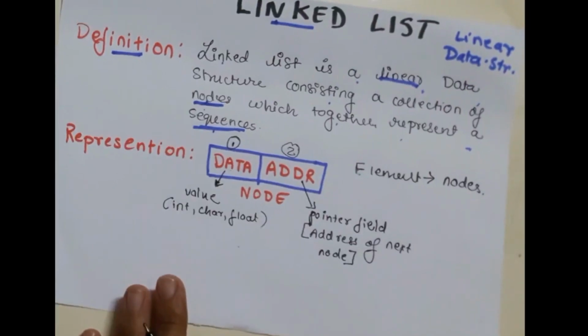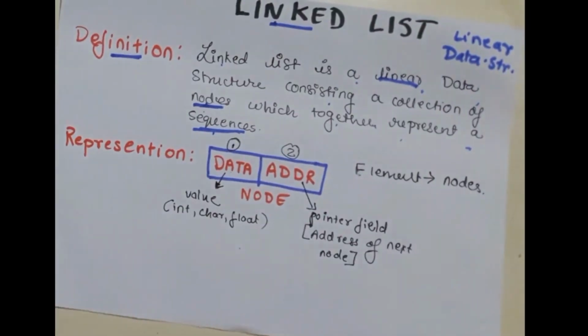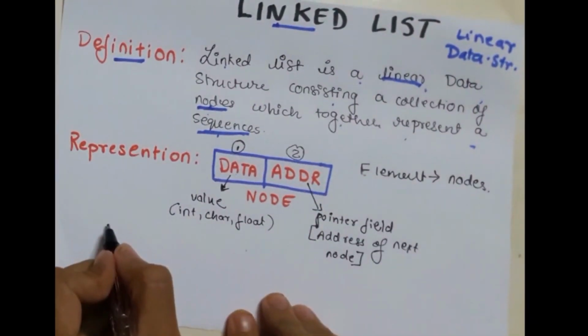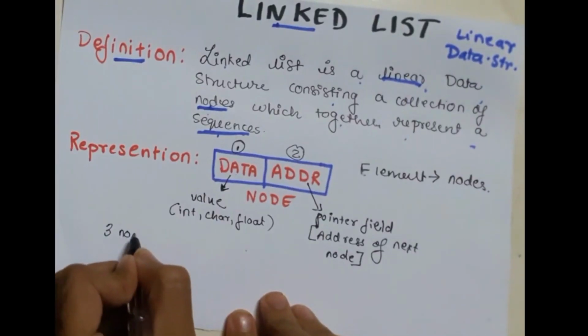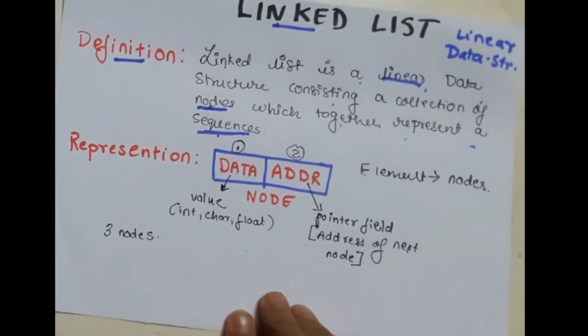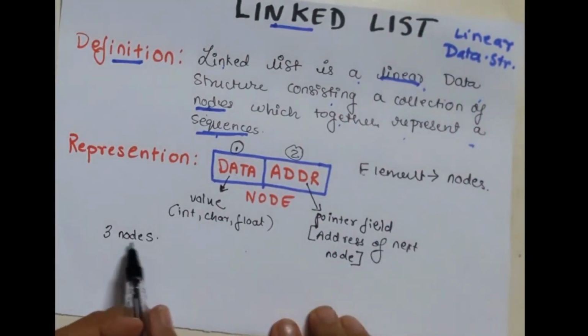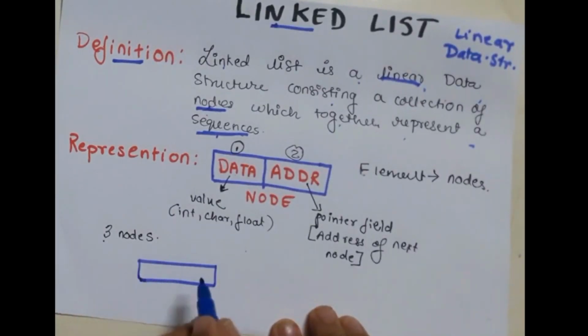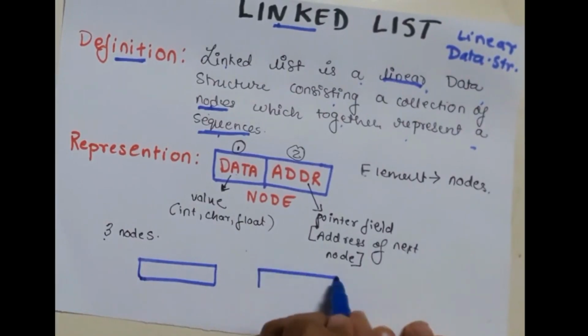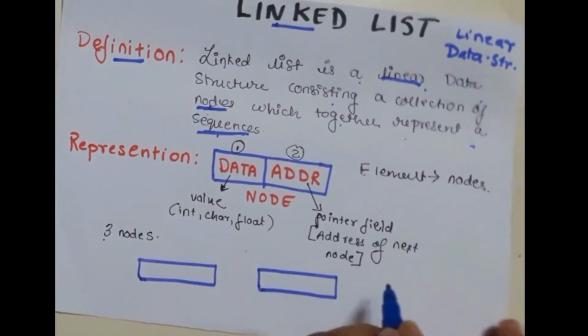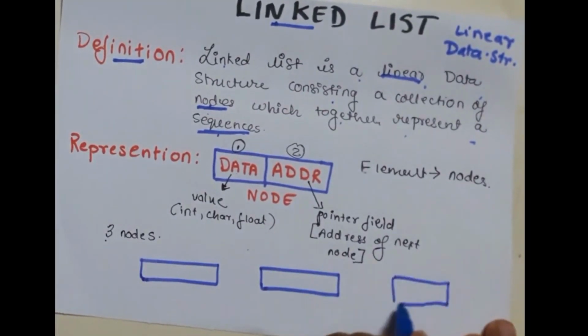Okay. Now let us consider three nodes. I will show you how the linked list is actually grown. So we consider three nodes. Let me draw it. One, two, and three.